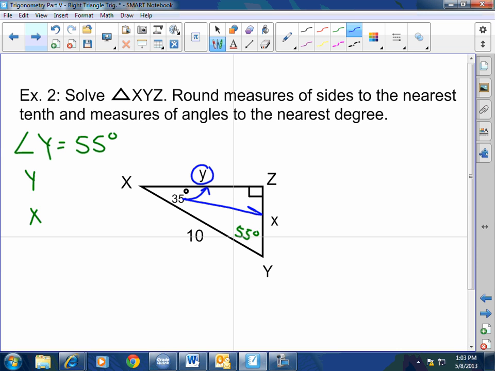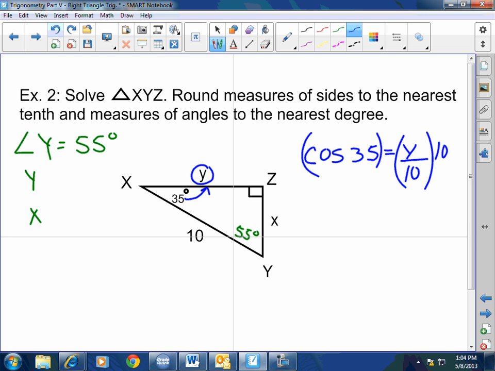Opposite is across, guys. So this is adjacent. So I have an adjacent and a hypotenuse. What trigonometric function? So the cosine of 35 equals adjacent over hypotenuse. Multiply 10 to both sides, and you're going to have y equals the cosine of 35 times 10.